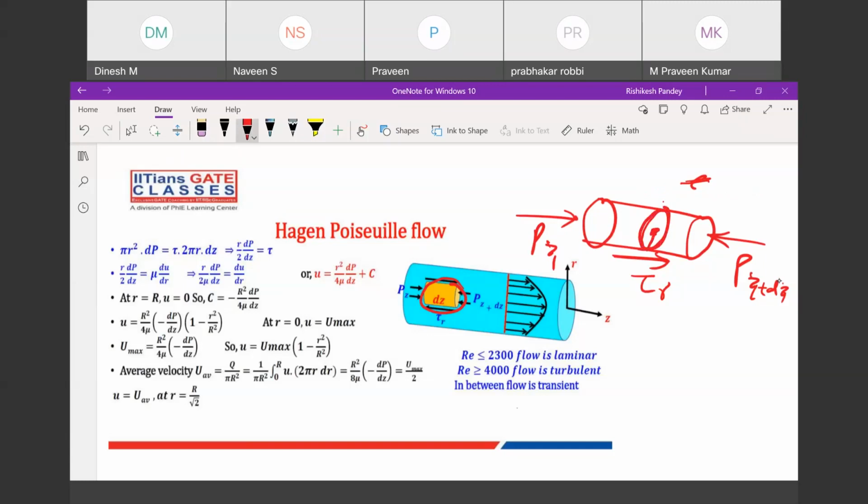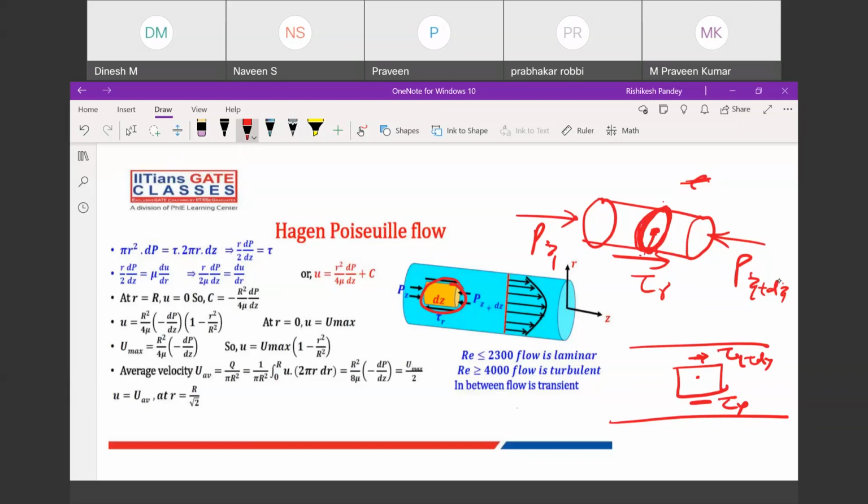At the center it will be 0, and at the surface it will be maximum. But don't get confused: in our channel, when we considered the fluid element, here it had shear stress tau y, and here tau y plus dy, some other shear stress. But in this fluid element, it is the same surface throughout the cylinder, so it will not be different here and here. It will be different at the center and maximum at the surface.